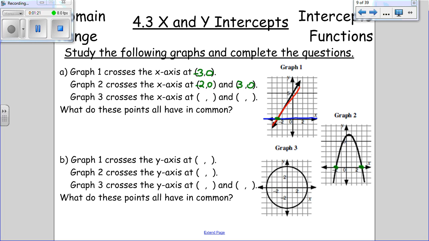On graph 3, there's also 2 x-intercepts. I want you to draw the dot on them on your own sheet, and then fill in where their actual ordered pair locations are. Right, so find those dots on graph 3, circle them, and then write those locations into your ordered pairs.